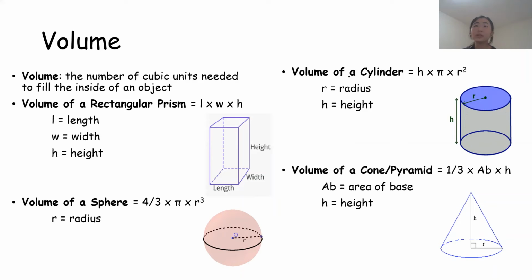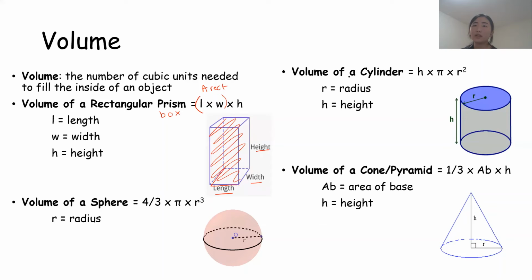Now moving on to volume. Volume is the number of cubic units needed to fill the inside of an object, or in other words, the space inside a 3D object. So in the case of a rectangular prism or a box, you would multiply the length times the width times the height to get the volume. And notice how the length times width is actually the area of a rectangle.